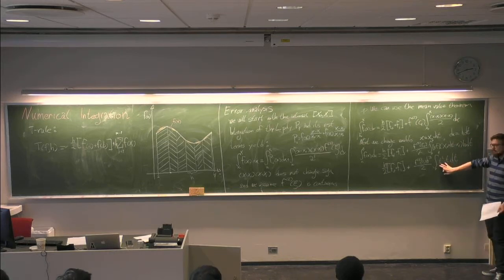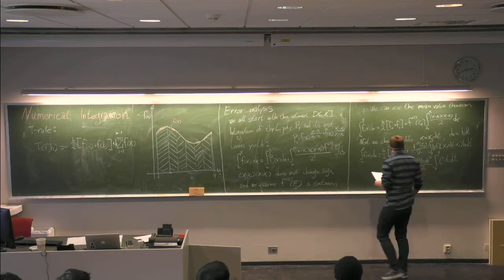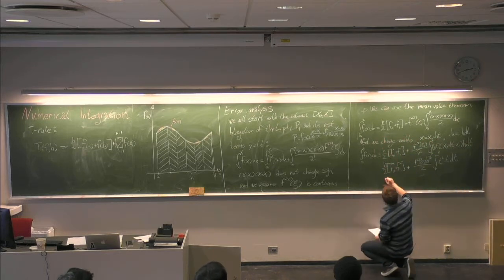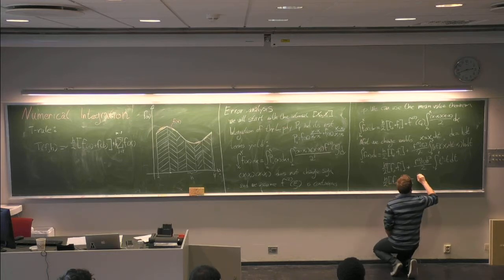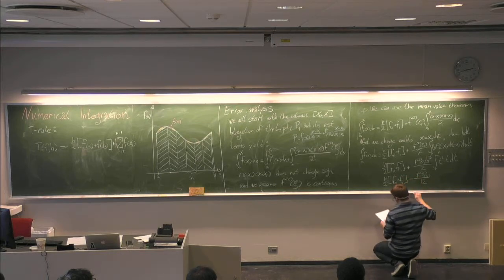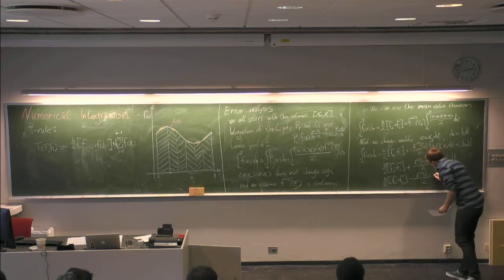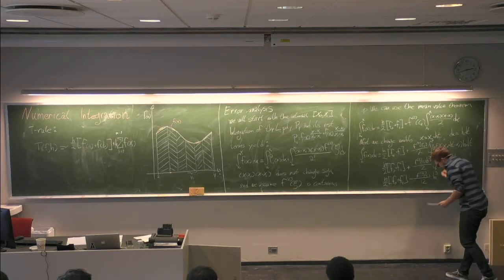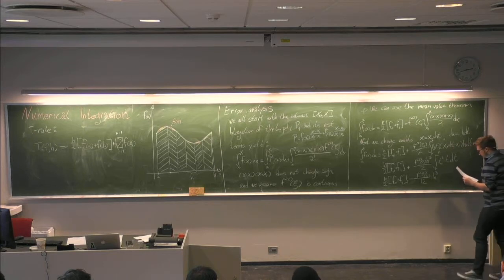And this is a definite integral we can actually solve. And we will end up with our error. Let's see. Because, let's see, minus f2 of c1 divided by 12 times h to the power of 3, like so.